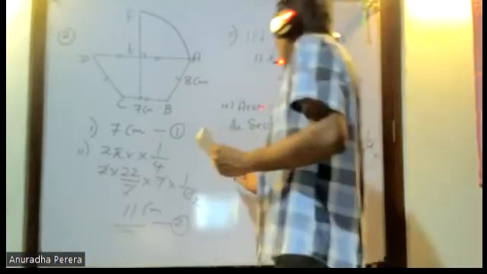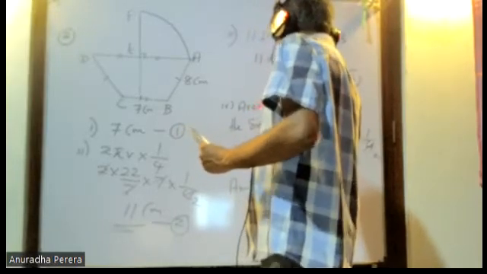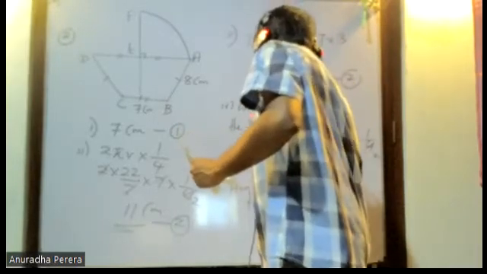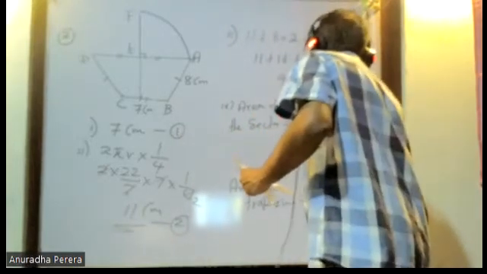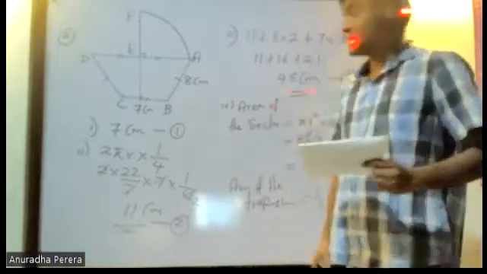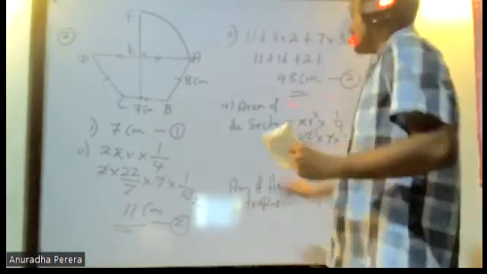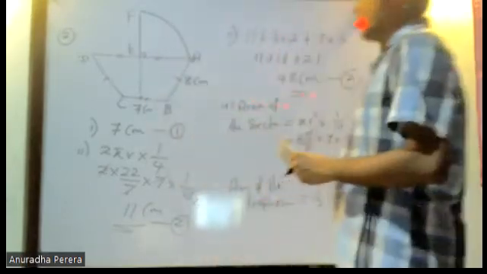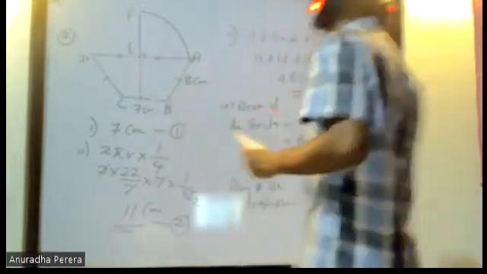Then the area of the trapezium. How can you find the area of a trapezium? Half into the sum of the parallel sides. This one is 14 plus 7. The perpendicular distance is also given as 7.